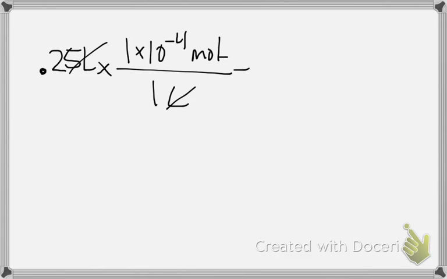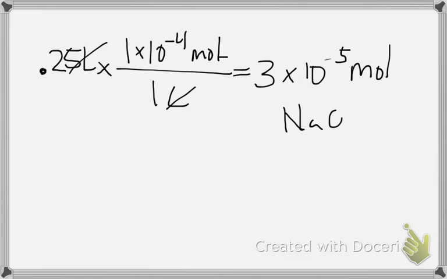Liters cancels out liters, and that tells us we're going to need 3 times 10 to the negative 5th moles of NaOI. If you wanted to be real fancy about it, you can convert that over to grams, and that would be how many grams of sodium hypoiodite you would have to add to your hypoiodous acid in order to generate a pH of 7.5.